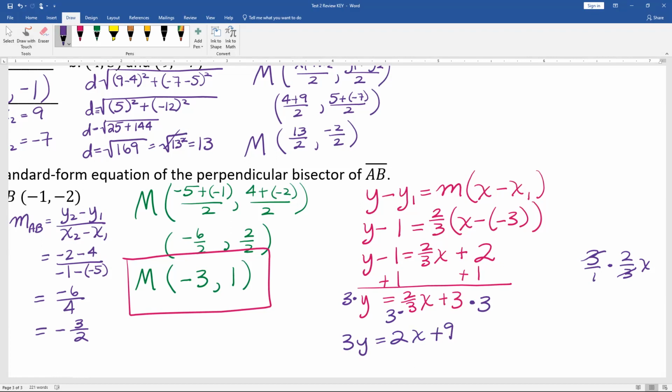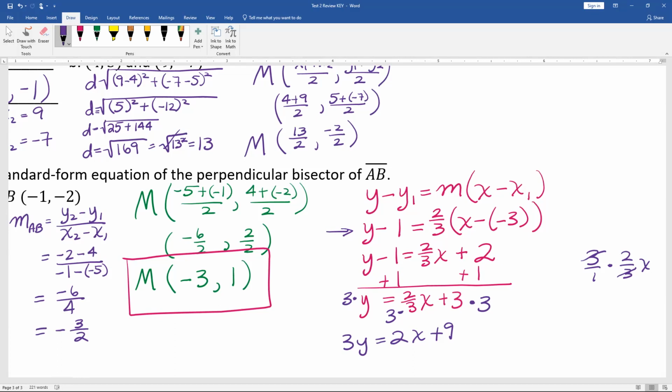And you can get rid of that fraction at any point. We could have done that at the earlier stage as well, but I like to simplify as much as possible so that there are fewer terms I have to remember to multiply by 3. So why did we multiply? To get rid of that fraction. Could we keep the fraction? You could.